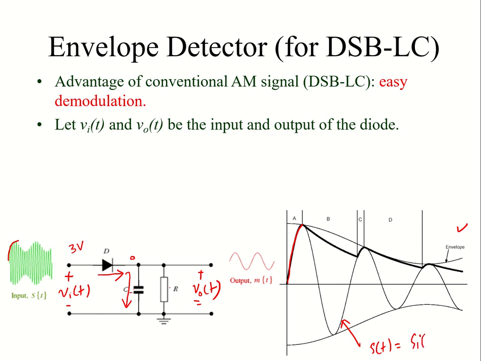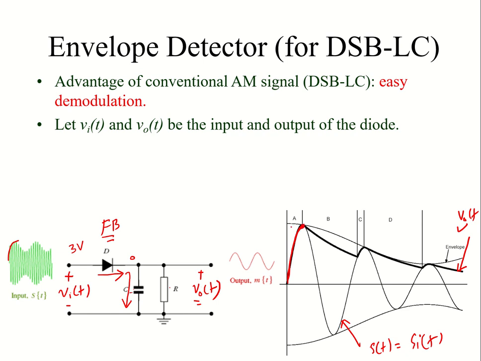When you have the positive value, the diode is forward biased and the capacitor will start charging. This solid line is the output. So the capacitor will start charging.